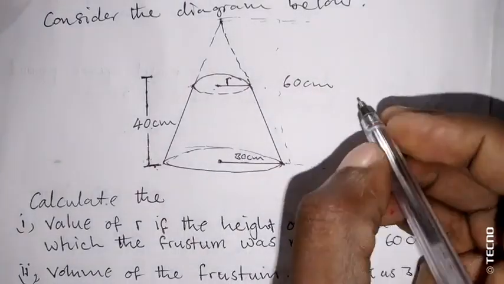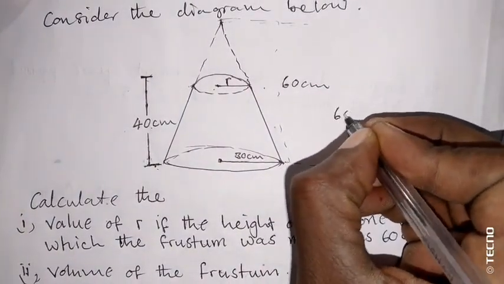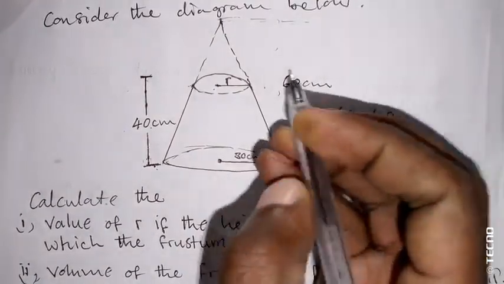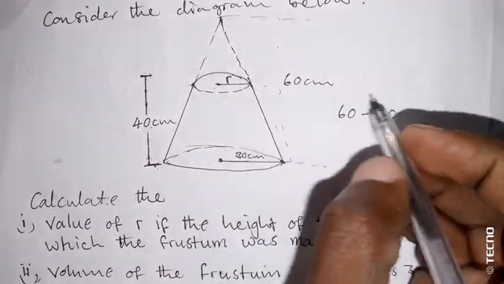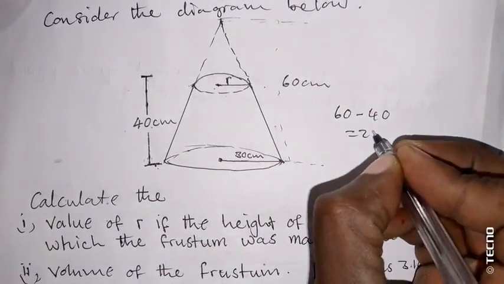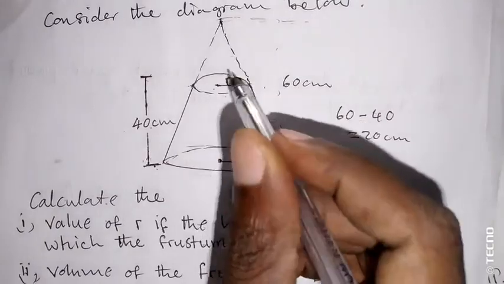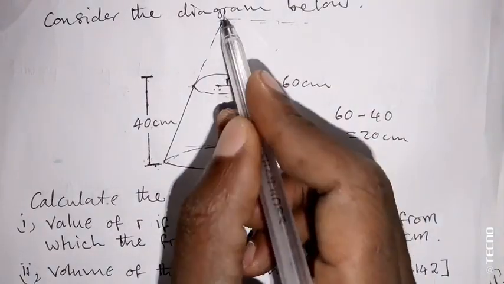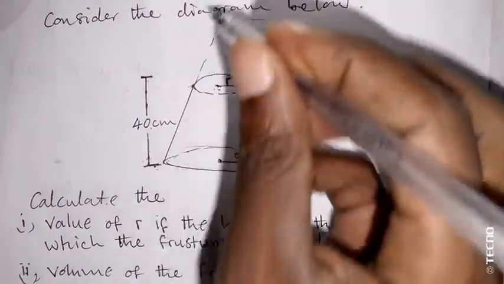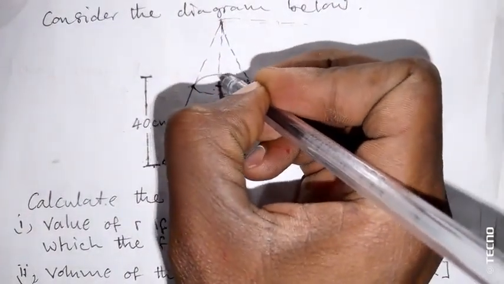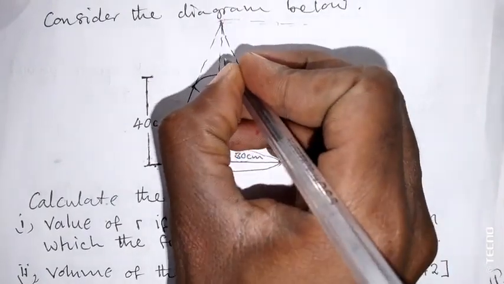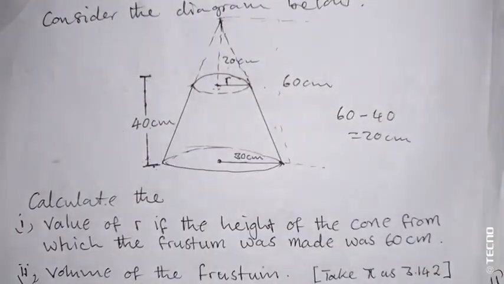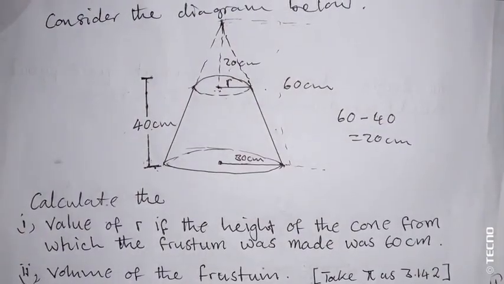So 60 minus 40, which means from here to there we have 20 centimeter. This is the height of the smaller cone.